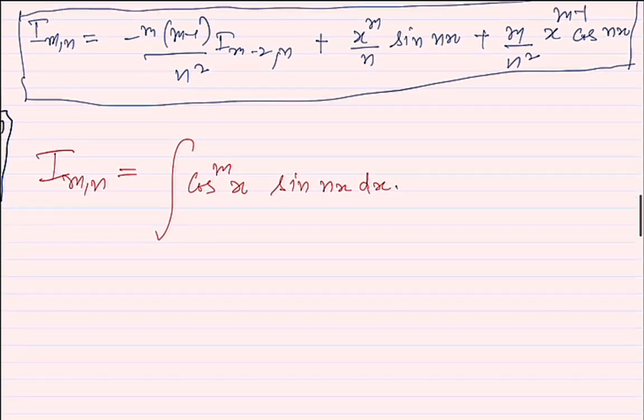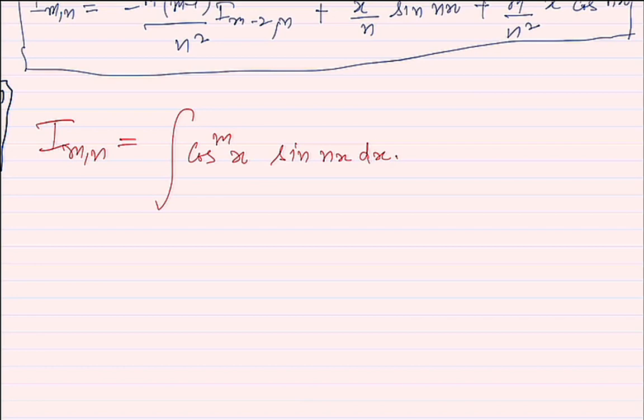No doubt this is going to be a lengthy procedure to prove this formula, because you have to convert many things, and also you need to write cos raised to power m x in terms of cos nx and integrate sin nx many times. So there is a chain which will go, and ultimately you will find some repetition of the integral. That is the step where you get the recurrence formula.